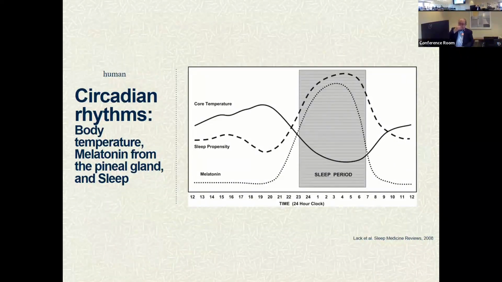So there are body temperature, melatonin, core temperature, sleep propensity, and this is the sleep period. This idealized sleep period goes from 11 o'clock till 7 o'clock. That's the Western ideal, right?